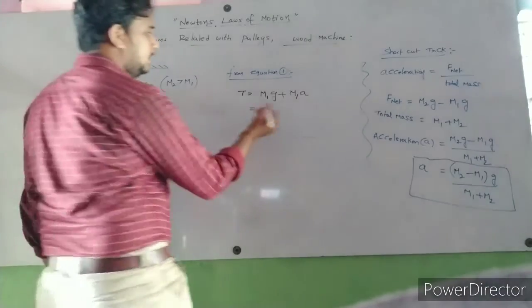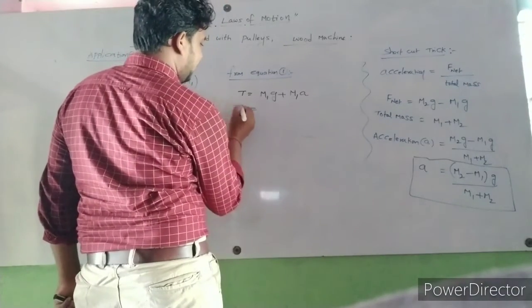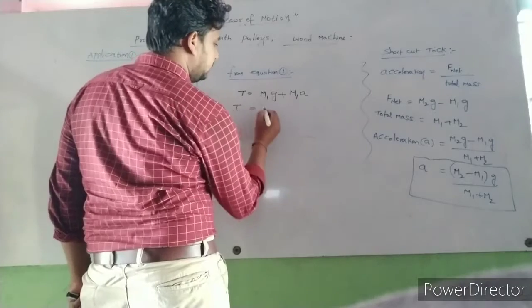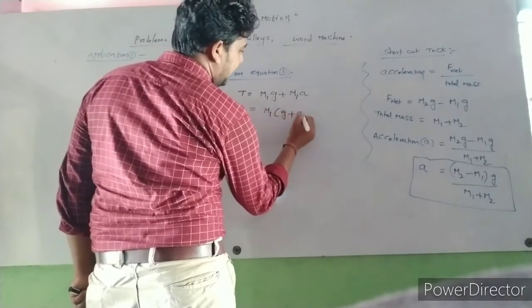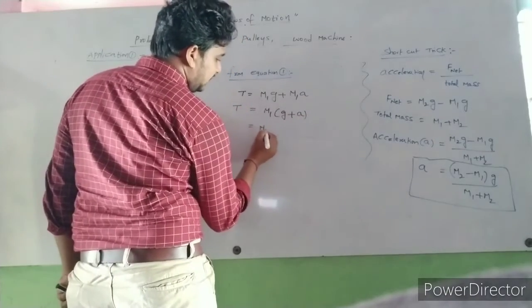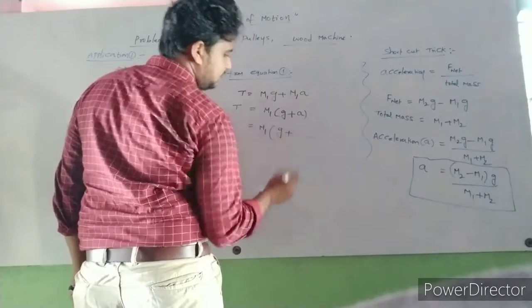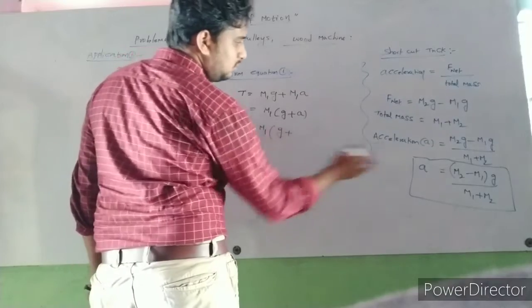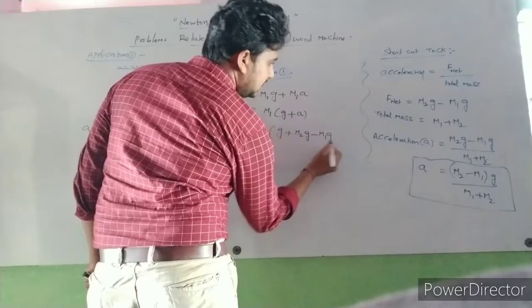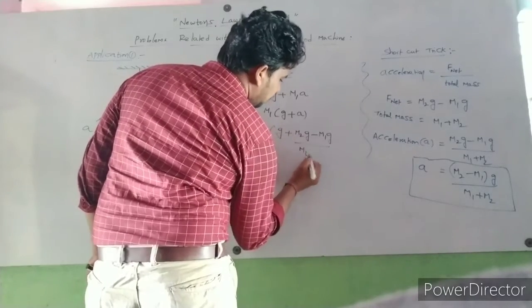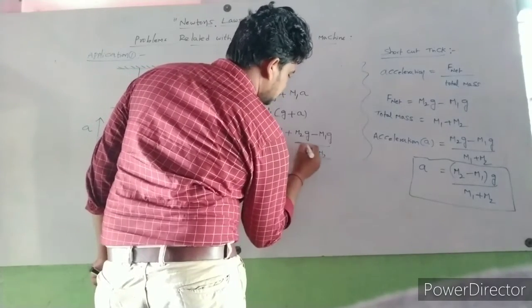So from this, T, the tension force, is equal to m1 into (g plus a). And a is m2g minus m1g by m1 plus m2.